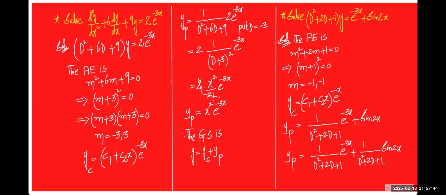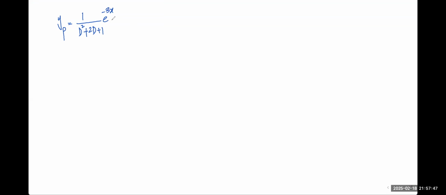So yp is equal to 1 by (D square plus 2D plus 1) into e power minus 3x plus 1 by (D square plus 2D plus 1) into sine 2x. Now look very carefully.